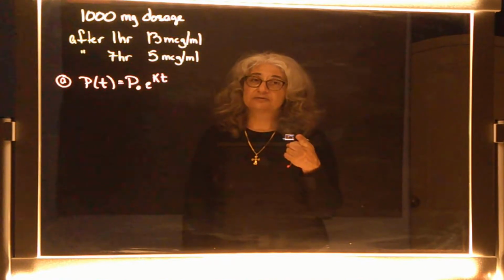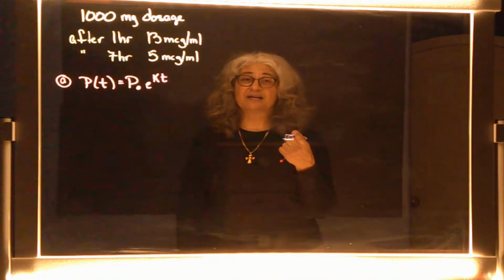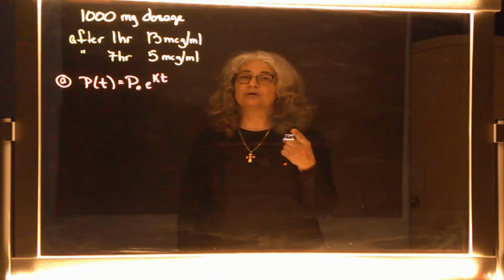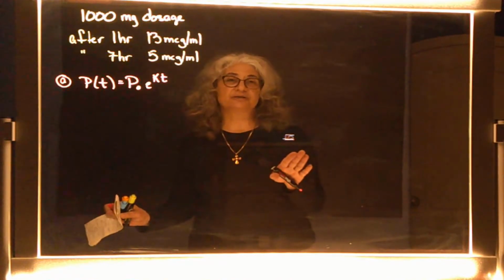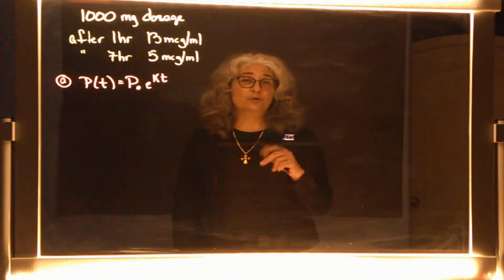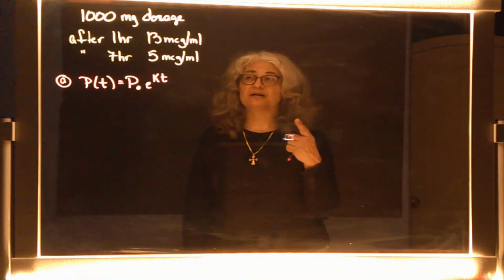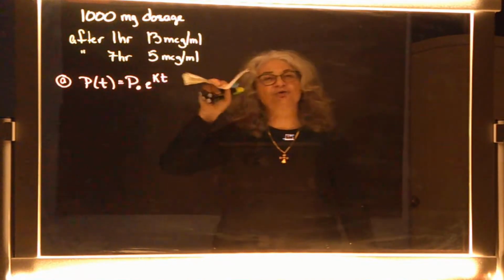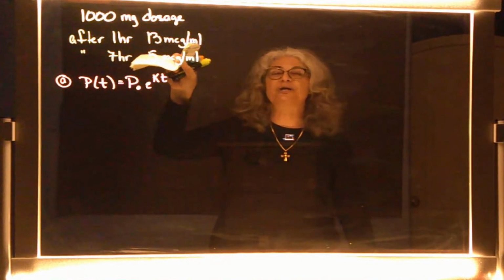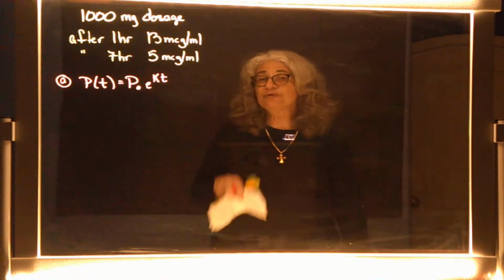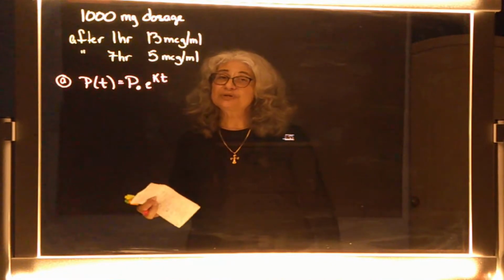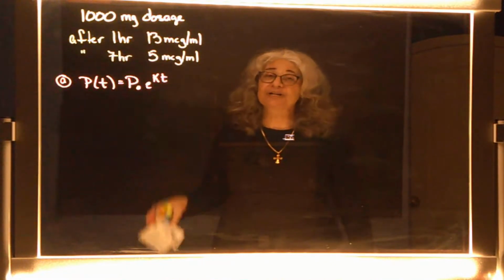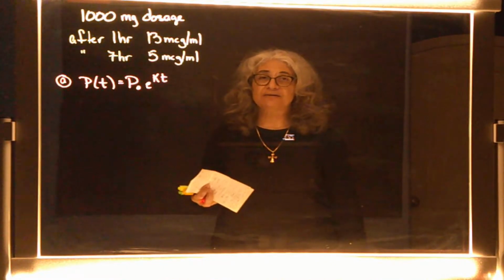Be careful, because some of you said yes, some of you weren't sure. I purposely asked that question to make certain you're thinking. I know the ending amount is either 13 or 5, but look at the units. It's micrograms per milliliter. If you were thinking the initial dosage is 1,000 milligrams, that would be incorrect.